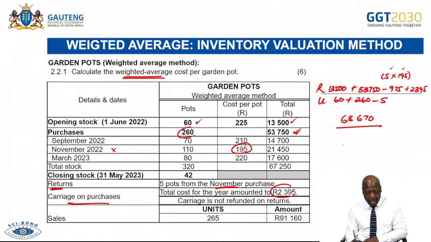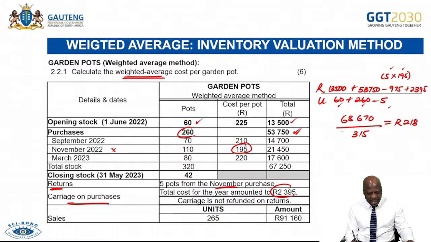Then I divide it again by 60 plus 260 minus 5. That's going to give me 315. I divide these now. How much do they give me? It gives me 218.